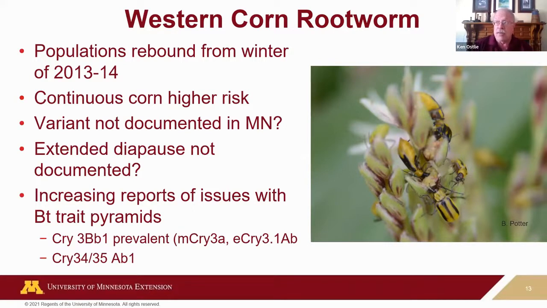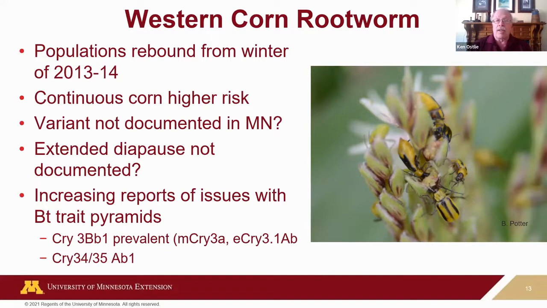So fortunately, the variant has not been documented in Minnesota. We keep looking for it. It's primarily associated with the other Great Lakes states like Indiana, Illinois, Michigan, and into eastern Iowa and southern Wisconsin.